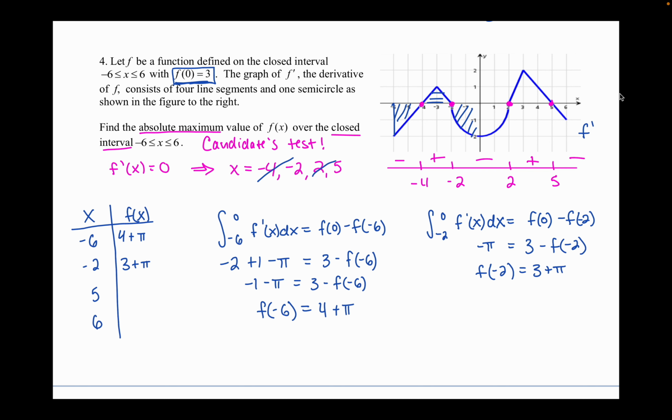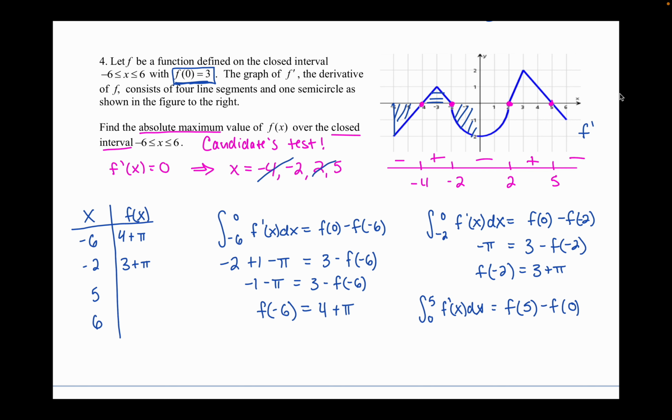All right, last one. I need to figure out what f of 5 is. So I'm going to make an integral from 0 to 5. And that will equal f of 5 minus f of 0. So we can figure out what the area under the curve of f is. Oops, that's f prime, sorry.